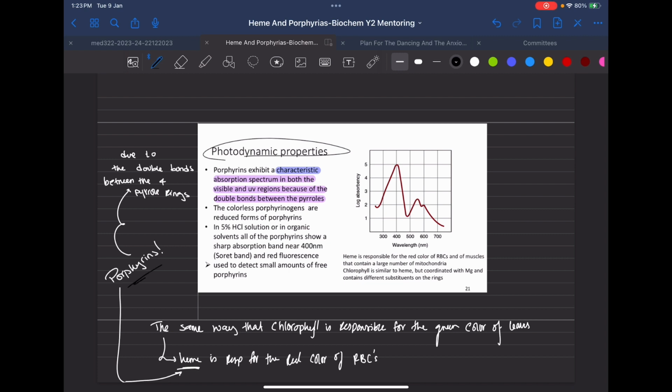So porphyrins, due to the double bonds between the four chiral rings, are able to exhibit their photodynamic properties. In the same way that chlorophyll is responsible for the green color of leaves, heme is responsible for the red color of red blood cells. Specifically, it's the porphyrins that give this ability to heme to color the red blood cells.